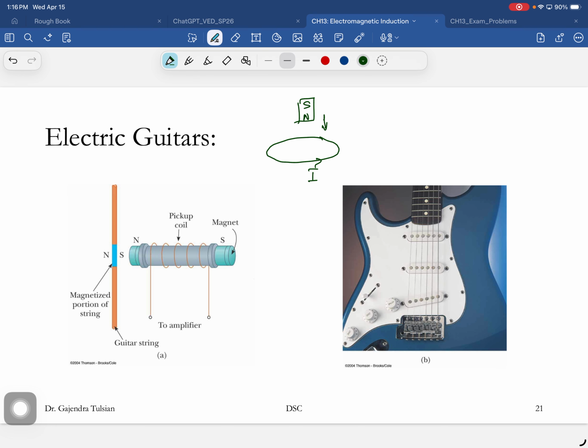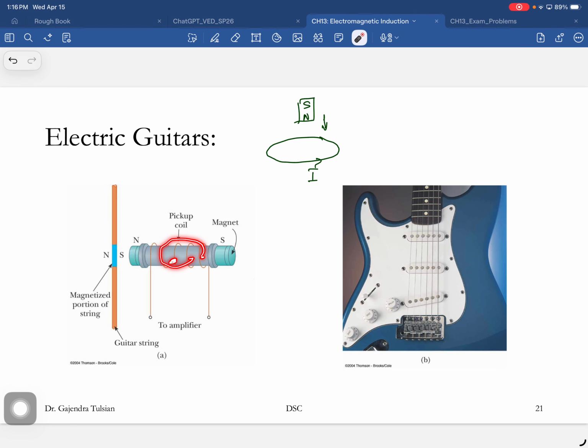All right, so for instance, when this guitar string vibrates, it produces music, it produces sound. When it moves, you want to sense this motion. How do you sense this motion? What you can do is you just magnetize the wire. And as the string vibrates, as this magnet goes back and forth, here is a sensing coil.